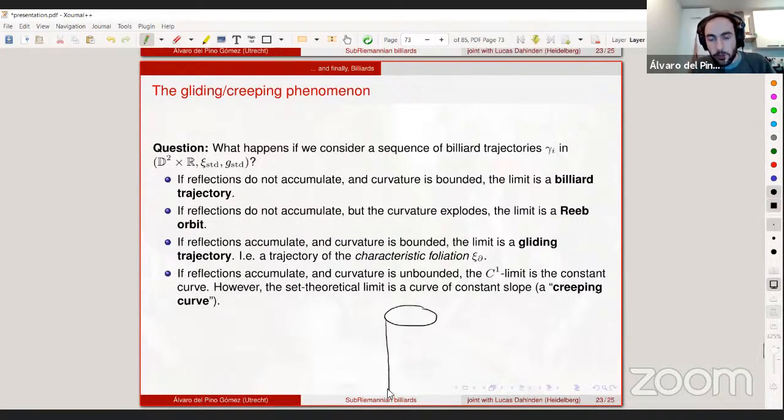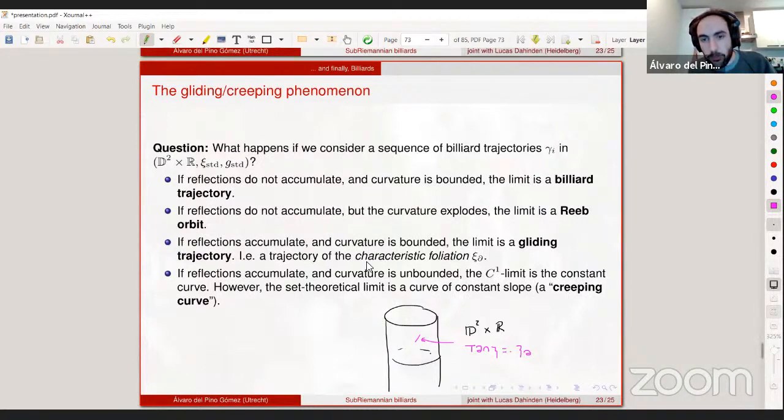So here's my table once again. This is D^2 times R. And what you can observe is that the boundary of the table has a foliation. What is this foliation? The foliation is given by, you take the tangent of the boundary and you intersect it with psi. You call this the characteristic foliation.